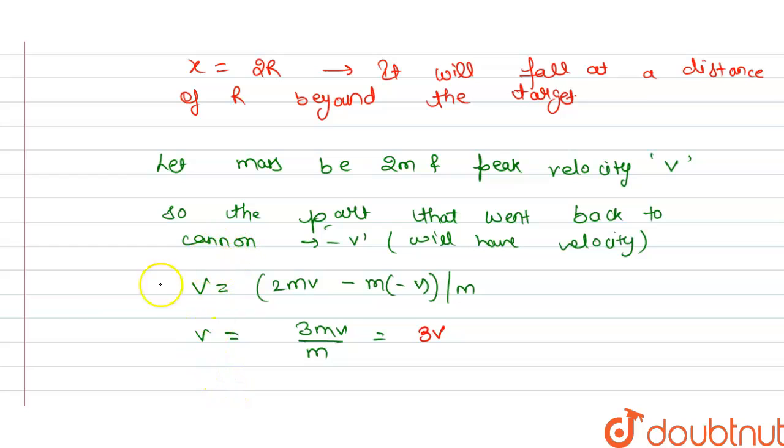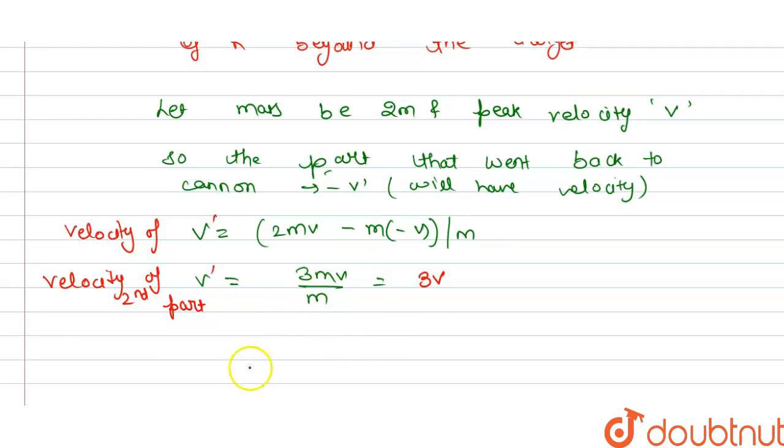So this is the velocity of the second part, we can write this as V dash. So it is 3 times the velocity of the first part.